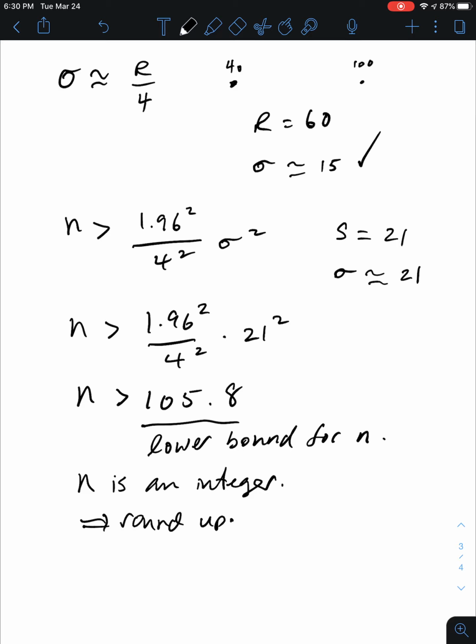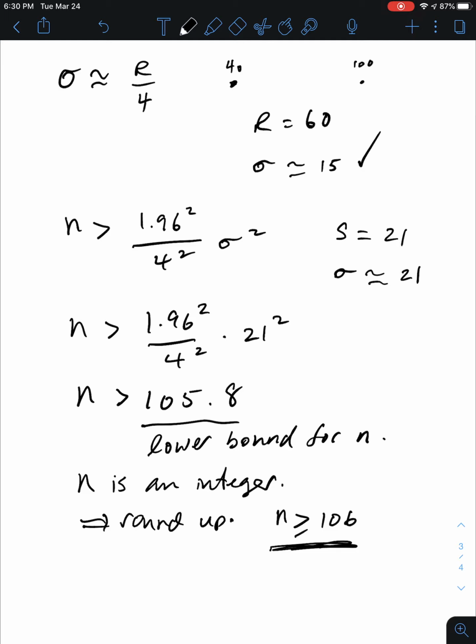So in this case, I round up 105.8, so n has to be bigger than or equal to 106. So 106 is our bare minimum for this project, and like I said, under other constraints we could pick a larger value of n, but picking a smaller value of n won't work, and a much larger value of n will be expensive.